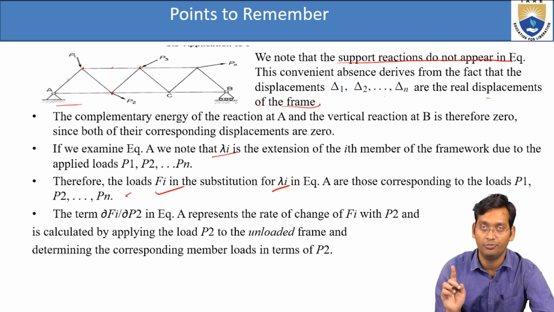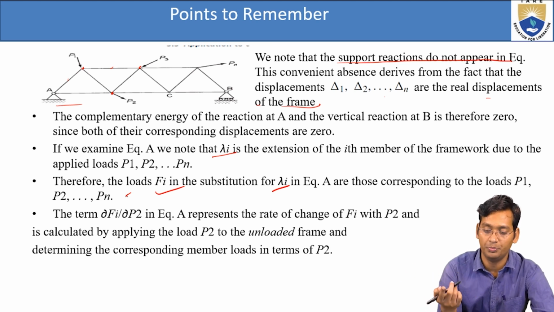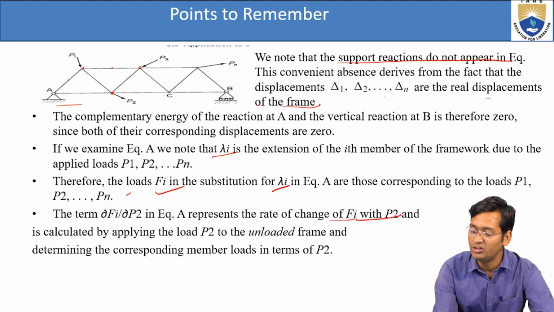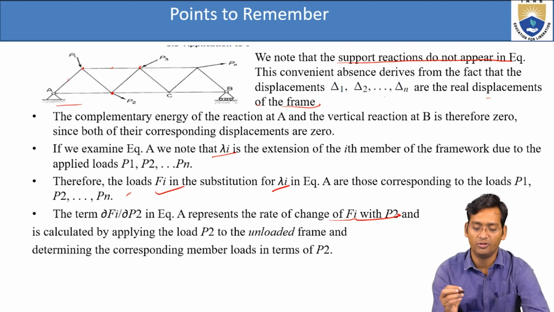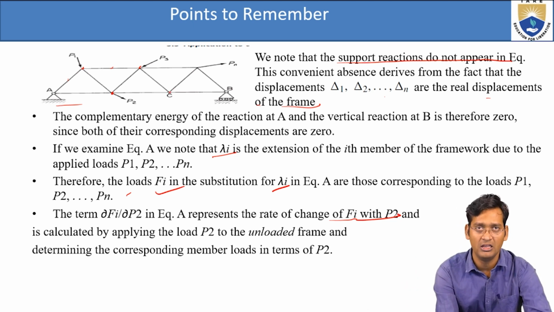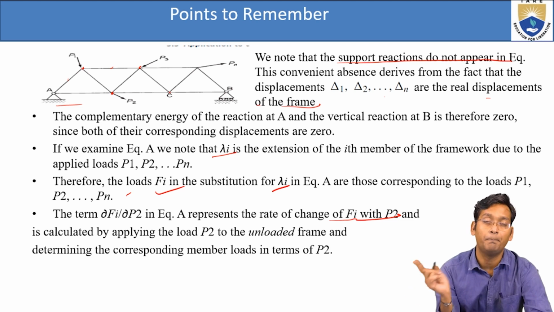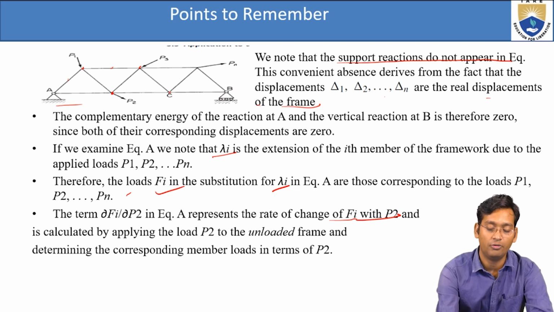After finding that, because of what load are we finding? Because of P2. So just differentiate: the term del Fi by del P2 in equation A represents the rate of change of Fi with P2 at point 2. Point 1 also we can take. Suppose at this point we have to find the deflection, then you have to differentiate with PC, because you apply a virtual load here.